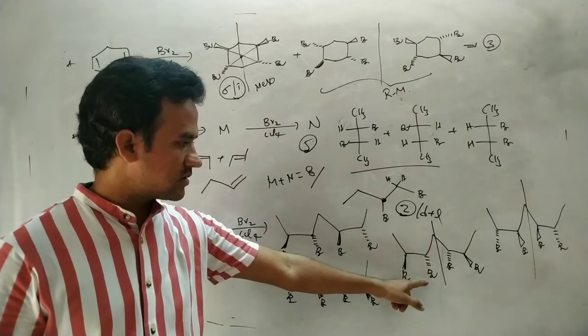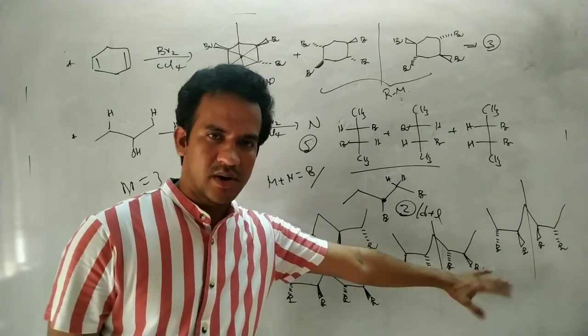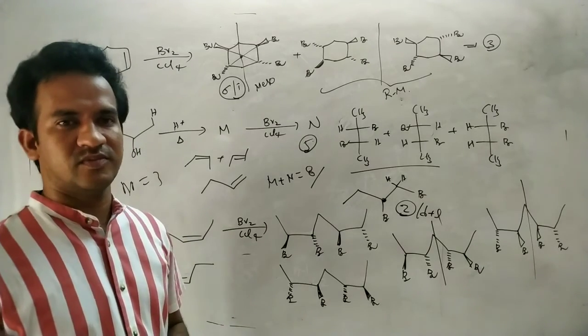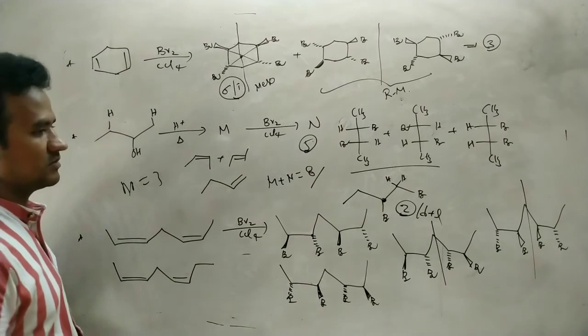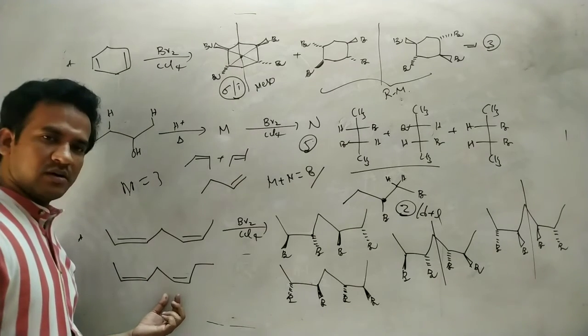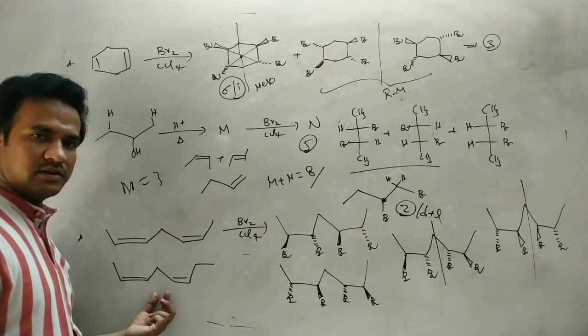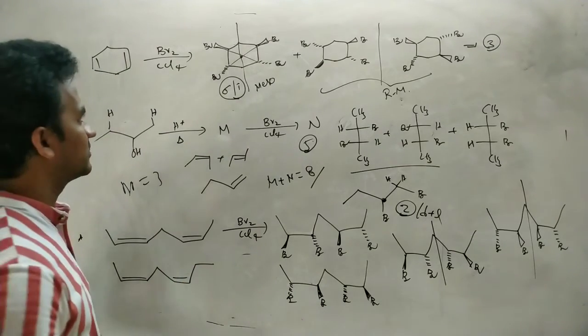In that case, this one has a mirror image, and again this one has a mirror image. So totally in that case, six products are possible. Check this question, bromine addition upon this diene, and give the answer in the comment box.